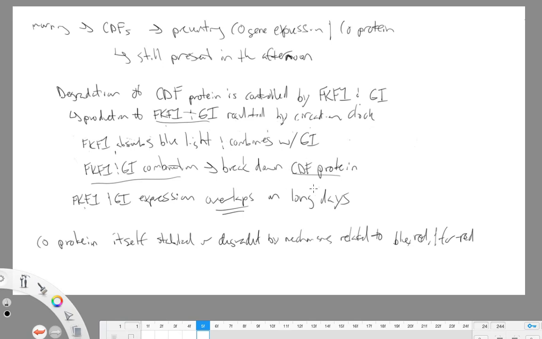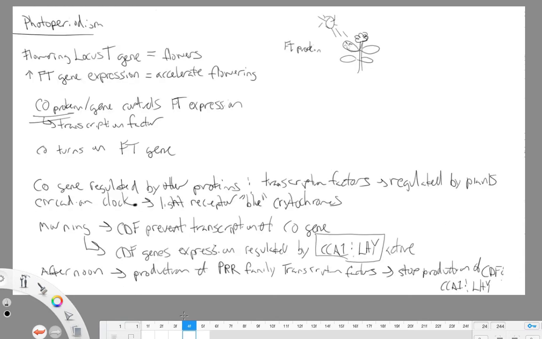And as that protein gets broken down further and there's no more CDF protein being produced, then we see an increase in this CO protein itself, and that CO protein is going to turn these genes on, and we're going to see an increased expression, and then that is going to ultimately lead to flowering.